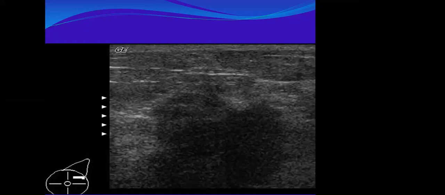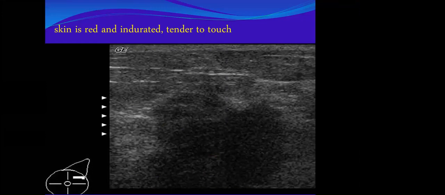Why will I go for 4C? The skin was red and indurated and tender to touch. Yes, this is coming later. There are signs of skin changes.